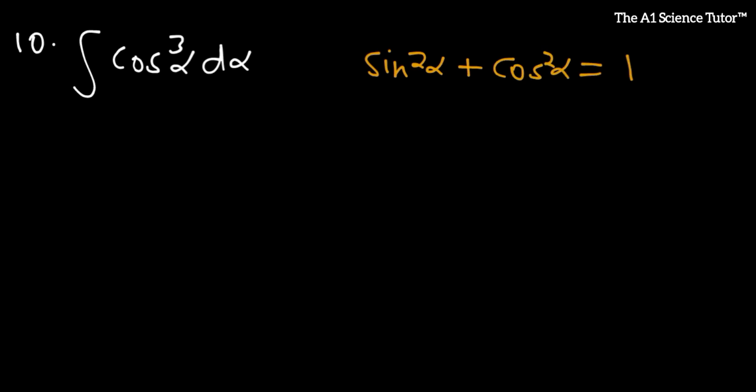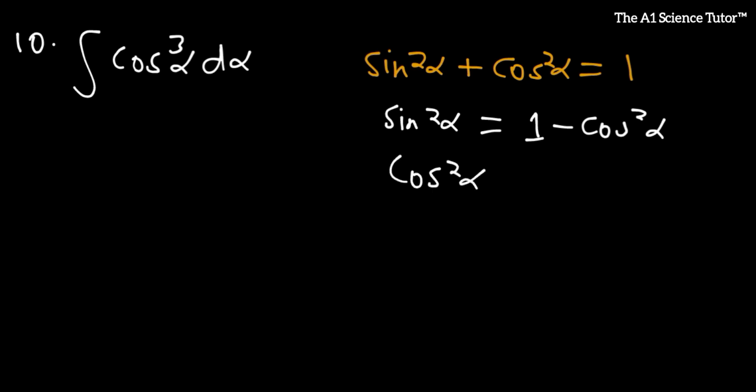Now, I can make sine squared alpha to be 1 minus cosine squared alpha, or I could make cosine squared alpha to be 1 minus sine squared alpha, right? So that is what I'm going to use in this question.